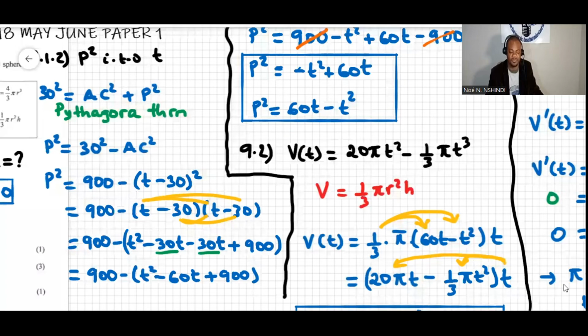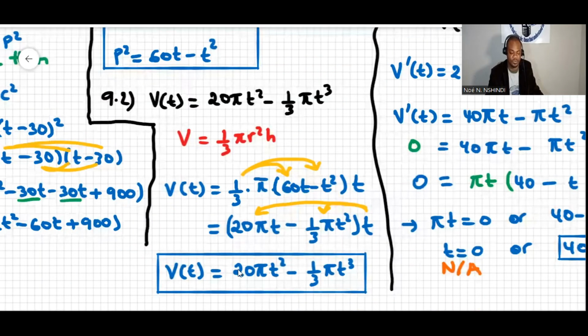When we simplified the previous question, we got the volume of the cone as 20 pi t squared minus 1/3 pi t to the power of 3. We're going to substitute the value of t by 40 to get the maximum volume.